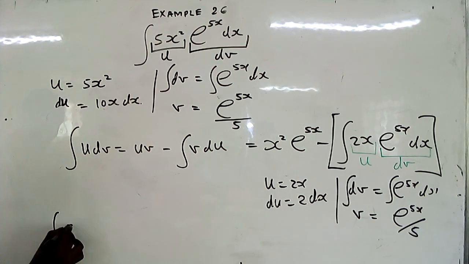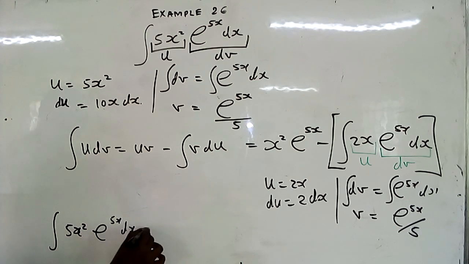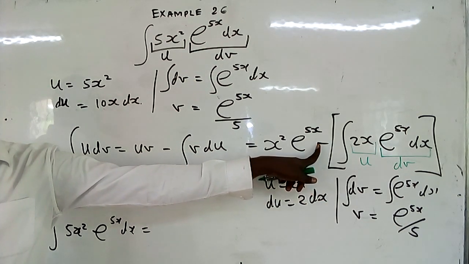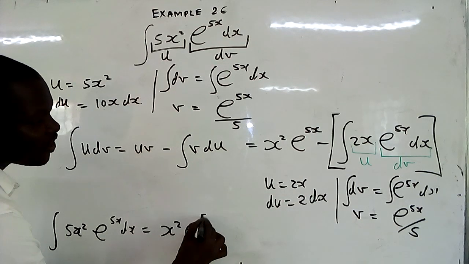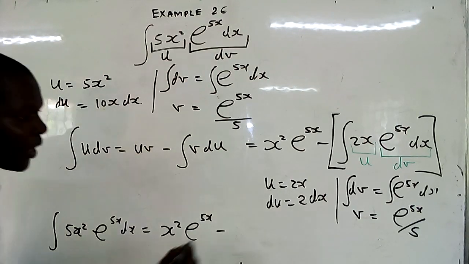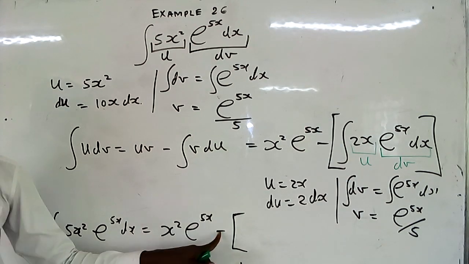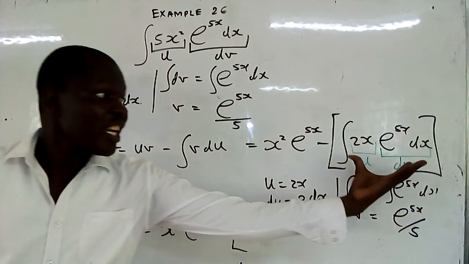We were integrating 5x squared exponential 5x dx, and we found it to be x squared exponential 5x minus the integral of that, which is inside the bracket. So you see the reason why that bracket must be there, because what is outside is going to affect everything inside. Everything is one thing.